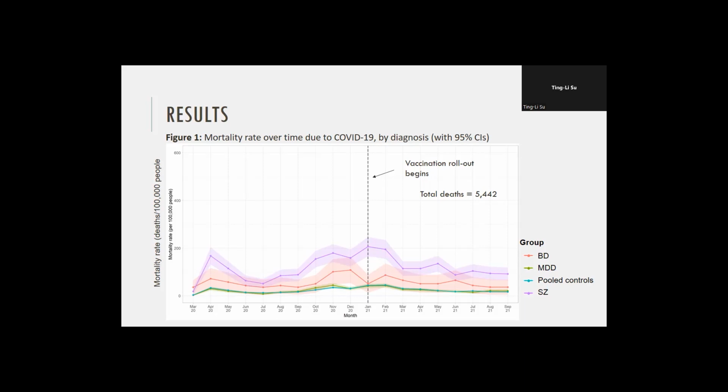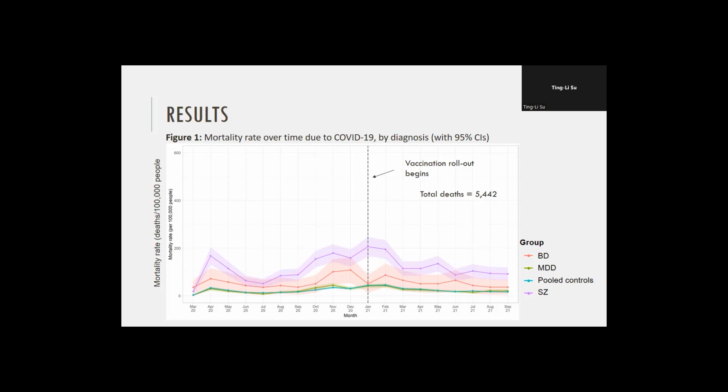You can see there's clear peaks in mortality rates in all groups. First, you can see that first one in April and then later on around winter, which corresponds with what we know about COVID. The second thing you'll see is that purple line. That purple line represents people with schizophrenia. And those rates are much higher throughout compared to our pooled controls.